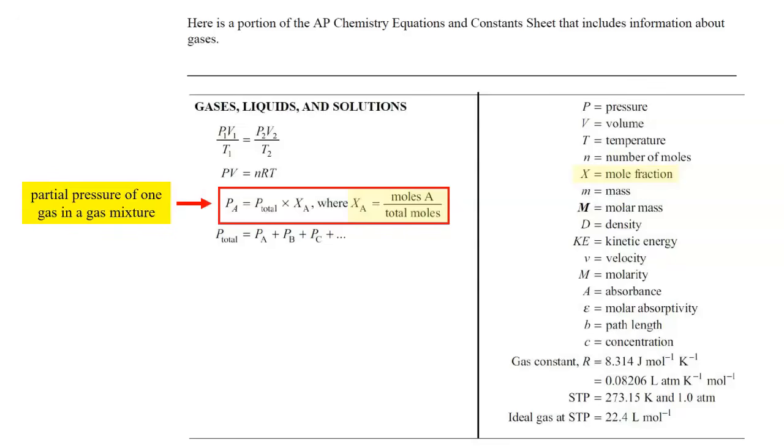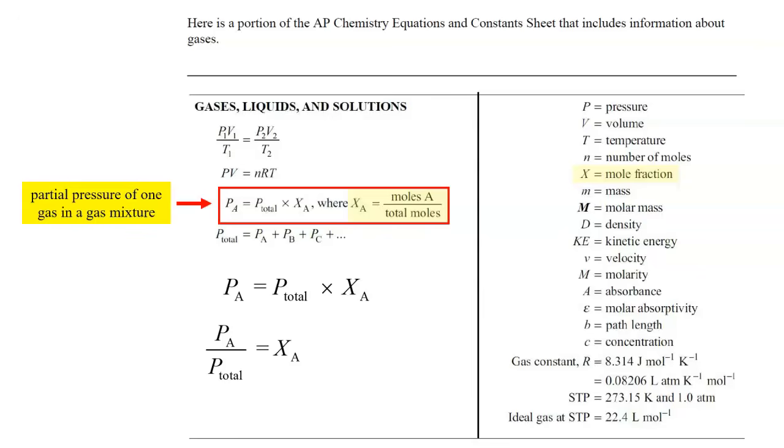The partial pressure of a gas in a mixture is equal to the total pressure of the gas mixture times the mole fraction. Watch what happens if we simply divide both sides of this equation by the total pressure. So by doing that, we've just solved for the mole fraction in terms of a pressure ratio.